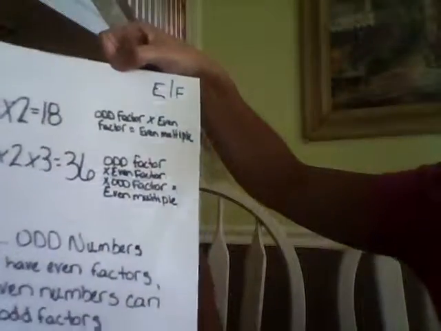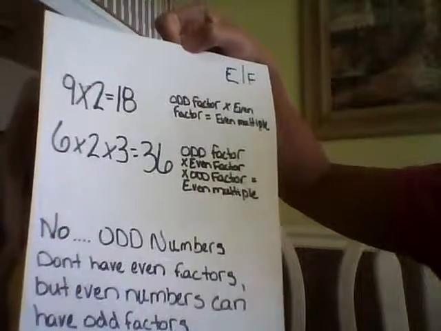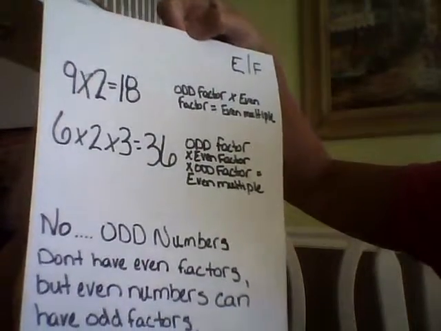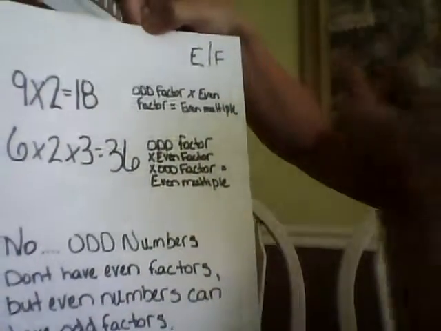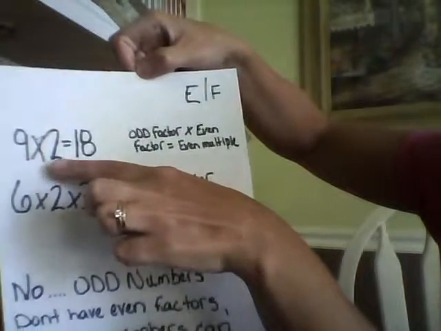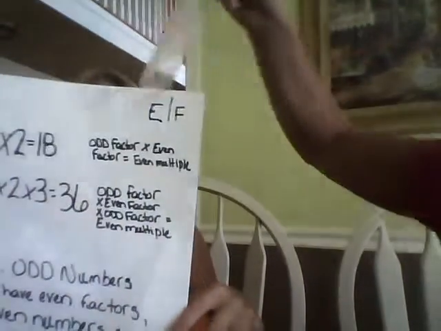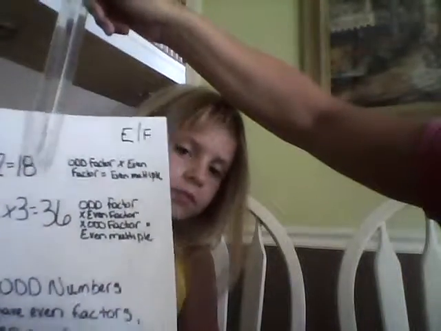In E and F, I was able to combine them. For E, it wanted to know whether it's possible for an odd number to have an even factor, and whether it is possible for an even number to have an odd factor. Right here, I just chose random numbers. There's 9, which is my odd, and I multiplied it by 2, which is my even, and it gave me an even answer. So my odd factor times my even factor gave me an even multiple.